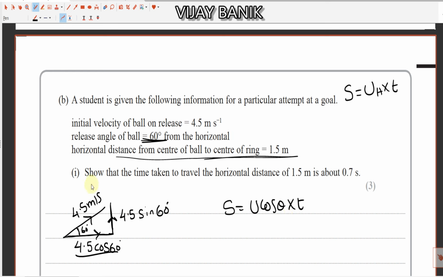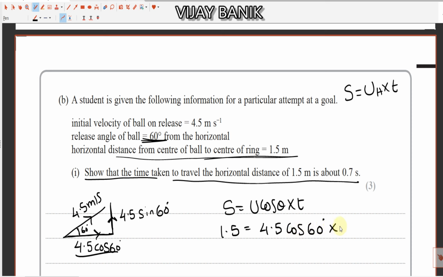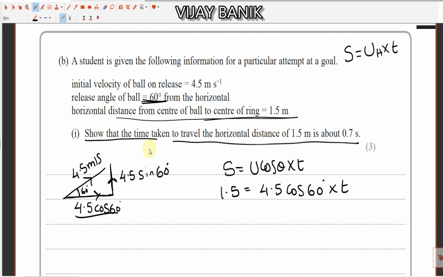We can also show that the time taken to travel the horizontal distance is 0.7 seconds, as s equals u cos theta into t. That is the formula. How much is s? 1.5 meters. How much is u? 4.5 cos 60. How much is time? We don't know. So 1.5 divided by 4.5 cos 60 degrees is equal to time.